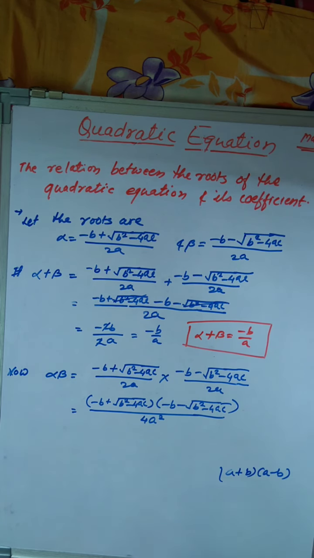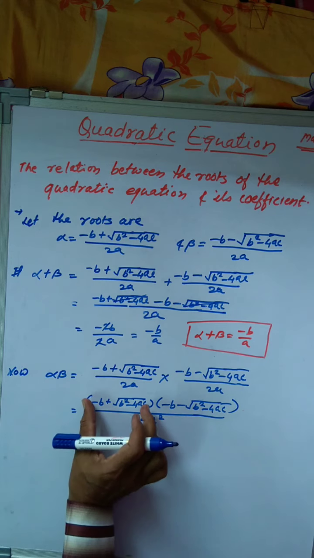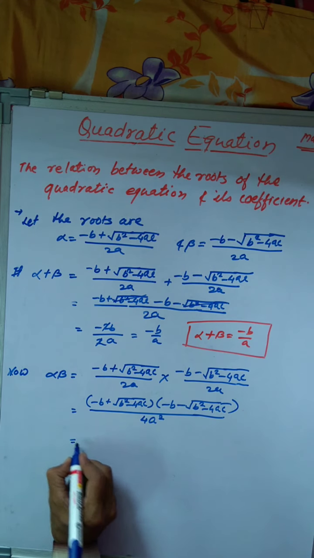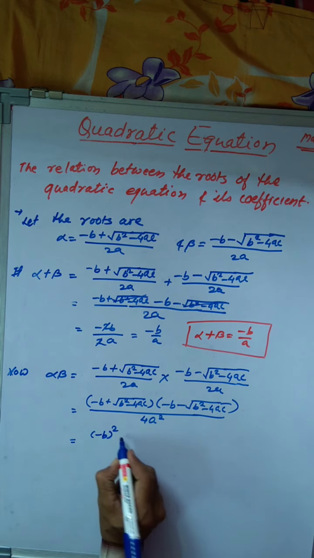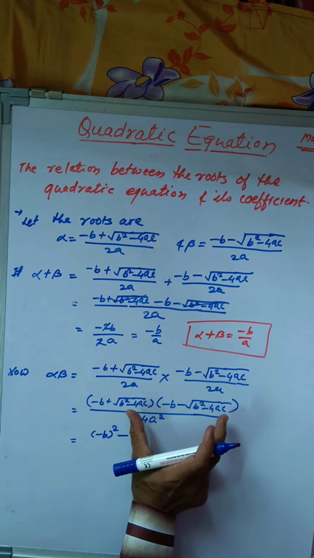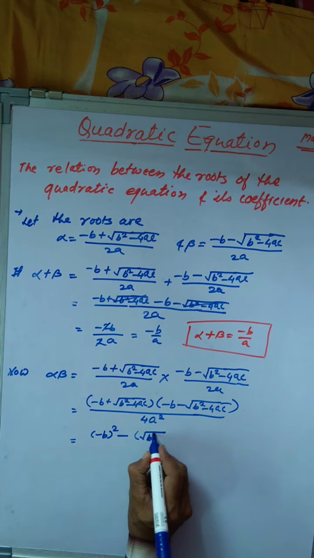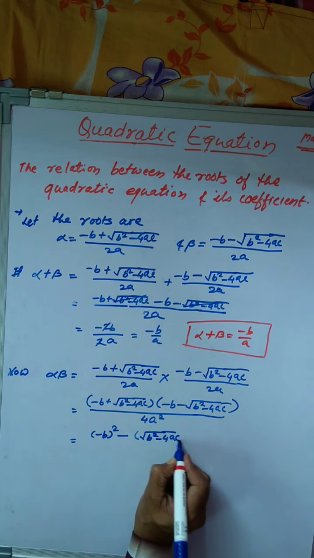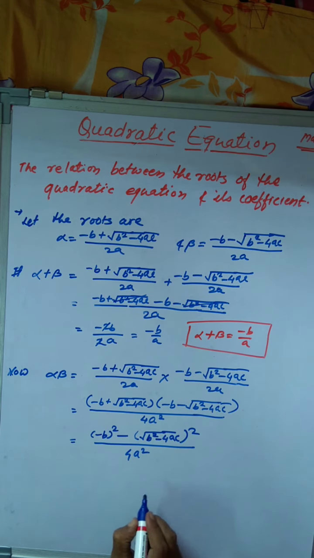That means we multiply this, and we get a² - b². Hence we get the square of the first term, that is (-b)², minus the square of the second term, that is (√(b² - 4ac))², upon 4a².